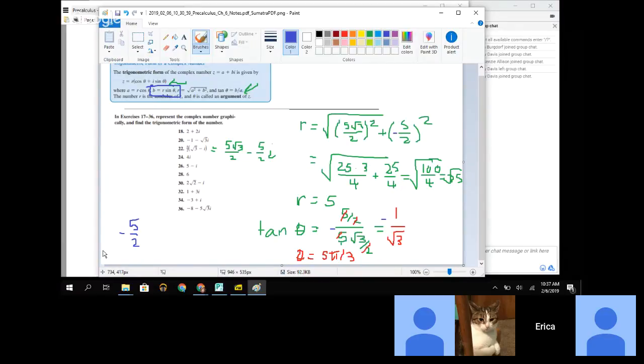I was leaving that out. If you take negative 5 over 2, it should equal your R value, which is 5, times the sine of theta. Okay, so that means I can divide 5 out from both sides, and I get that the sine of theta equals negative 1/2. And that's actually much easier on my unit circle.